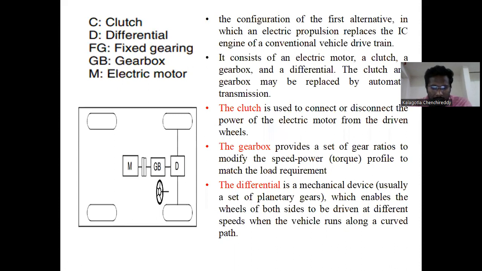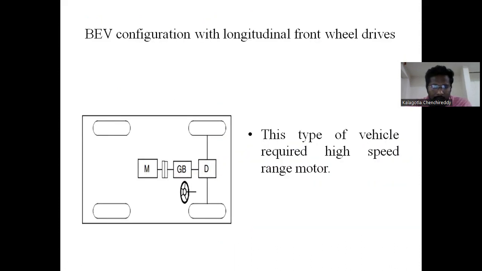The clutch and gearbox here are used for controlling the motor speed. This first configuration is the battery electric vehicle configuration with longitudinal front wheel drive. In this type of vehicle, the motor, clutch, gearbox, and differential are used.